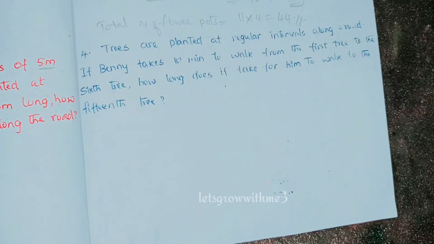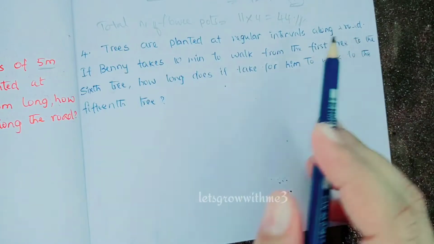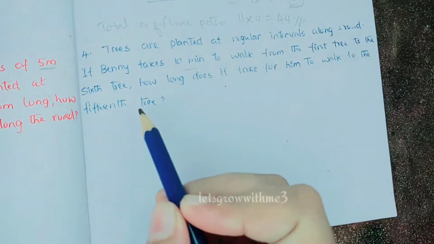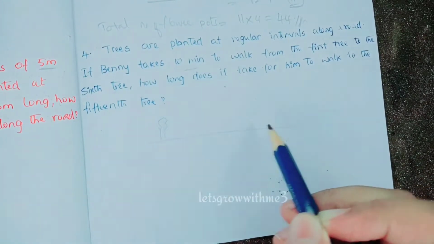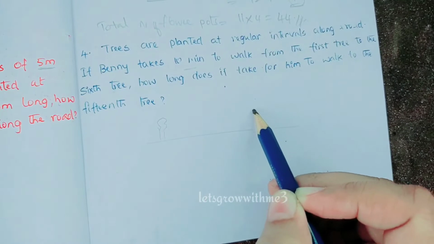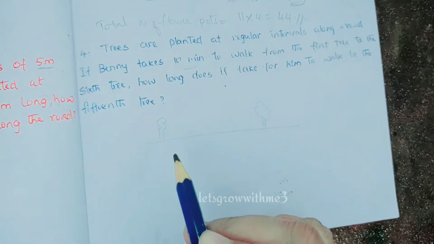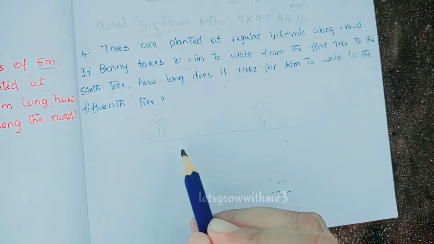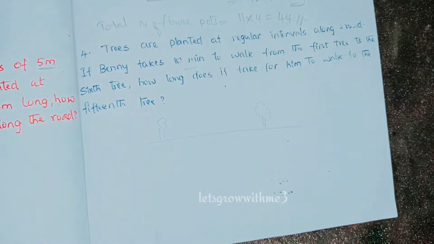So trees are planted at regular intervals along a road. He took 10 minutes to walk from the first tree to the sixth tree. From the first tree to the sixth tree, how many intervals will there be? So 1 to 6, right? We will have one less interval, which is equal to 5 intervals. For 5 intervals he took how many minutes? 10 minutes.